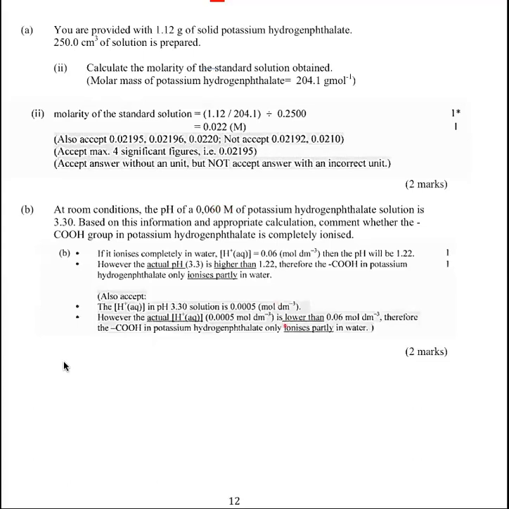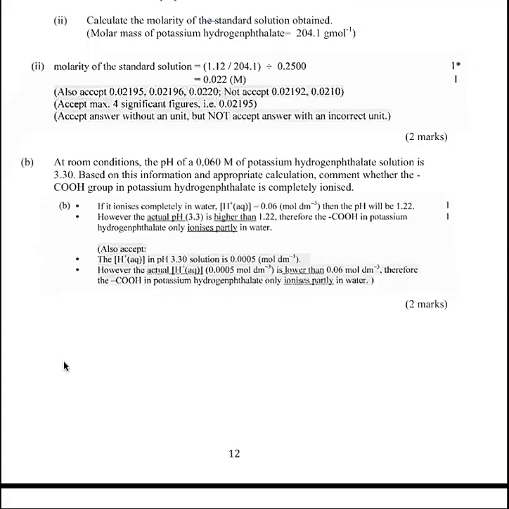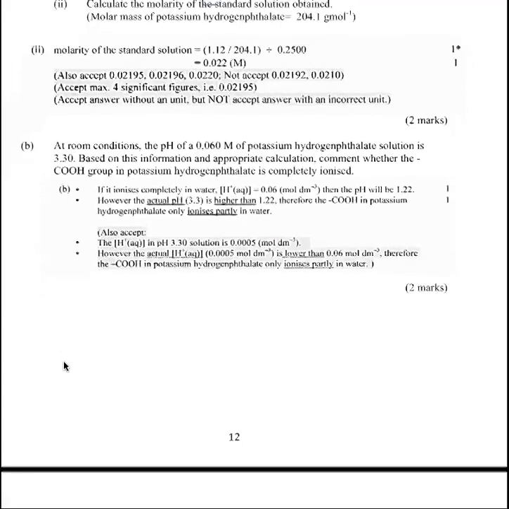Hence, it is only partially ionized in water. So make sure you do the comparison and draw the conclusion. That's very important for this one. If no question for this, I'll move on.